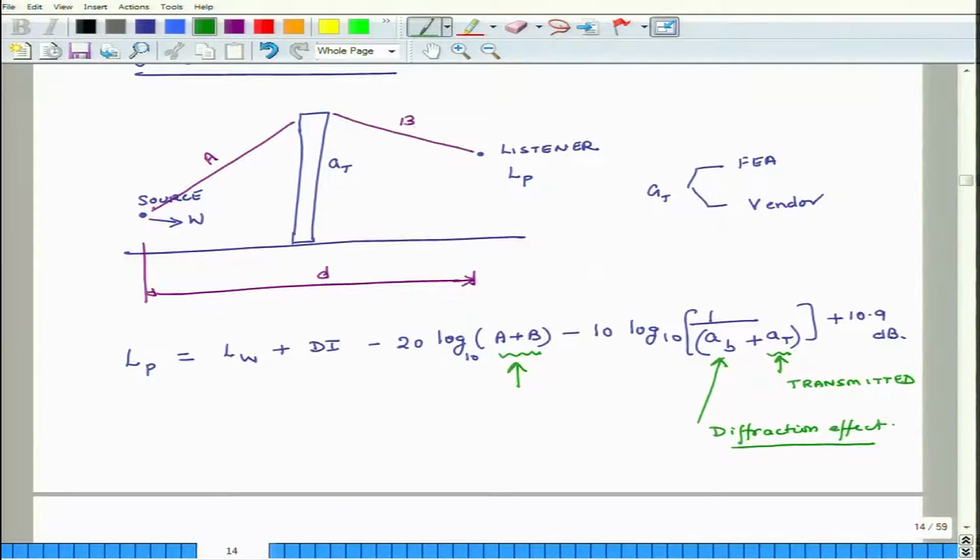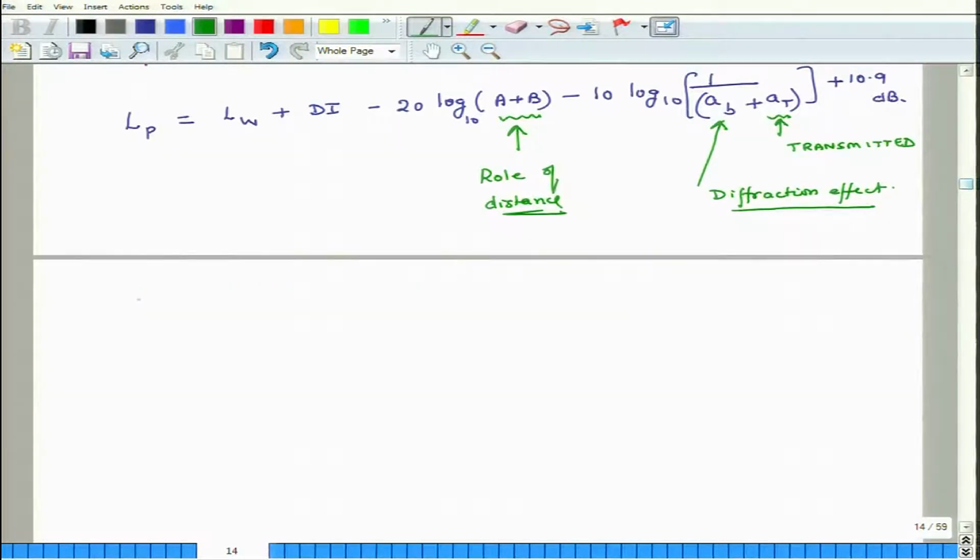So, if A is large and B is large, then it is a good thing for us. So, this is the role of distance. So, if I have to reduce my LP, I should increase A, I should increase B, I should reduce AB, and I should reduce AT as much as possible.